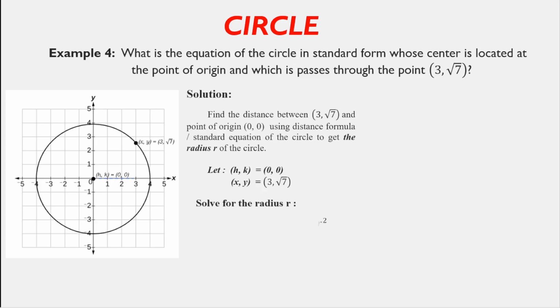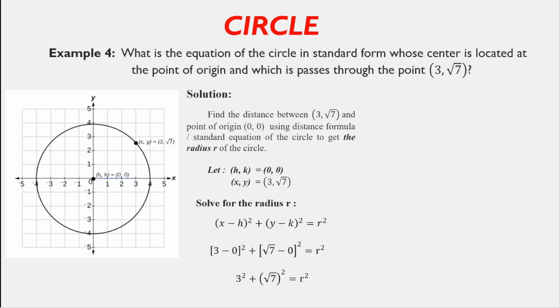So let us now solve for the radius. So x minus h squared plus y minus k squared is equal to r squared. Substituting the values for x, y, h, and k, we have 3 minus 0 squared plus square root of 7 minus 0 squared is equal to r squared.